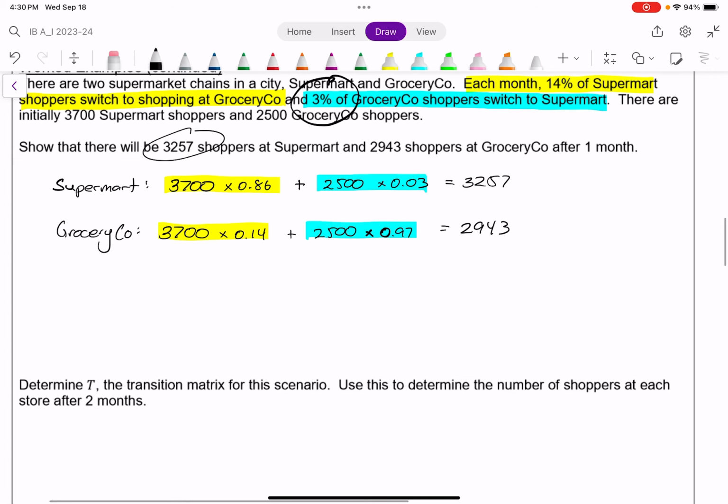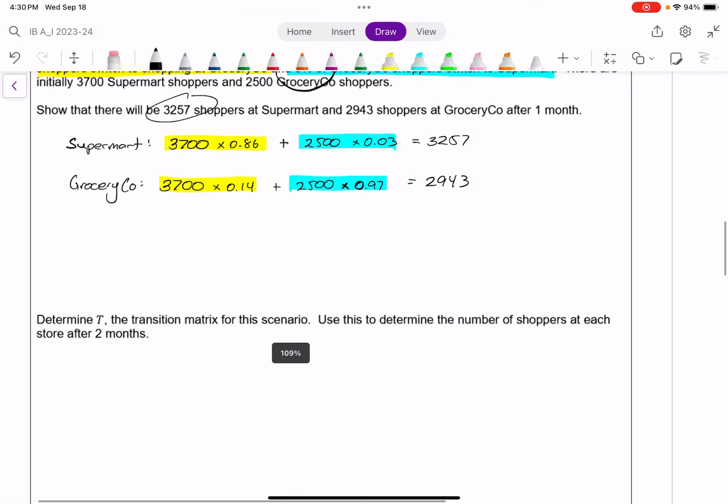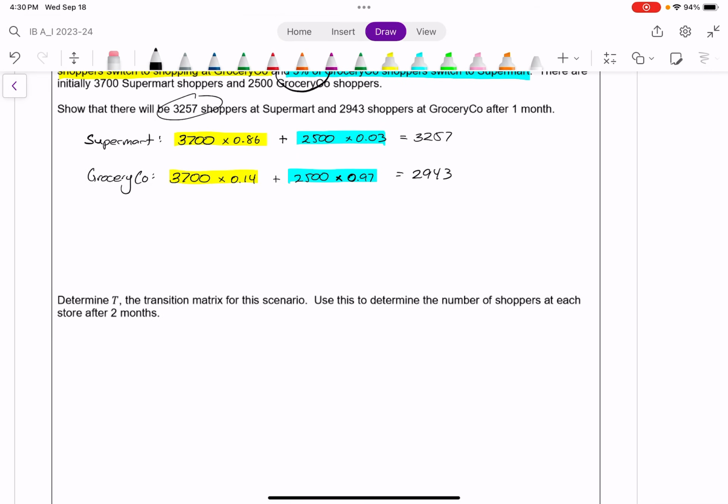Well, first, let's look at what we have up here and think about how we got these values. So I have matrix T, and it's going to be a 4-element or 2x2 matrix. So let's think about how I did this.